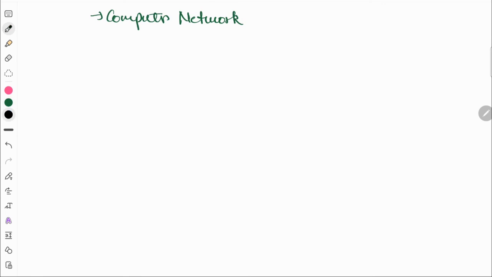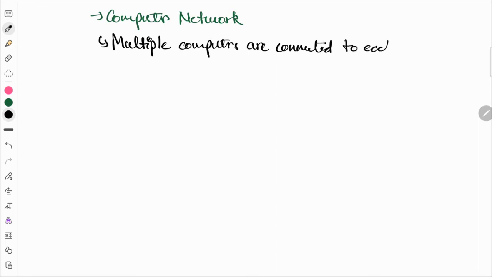A computer network is a system in which multiple computers are connected to each other to share information and resources.